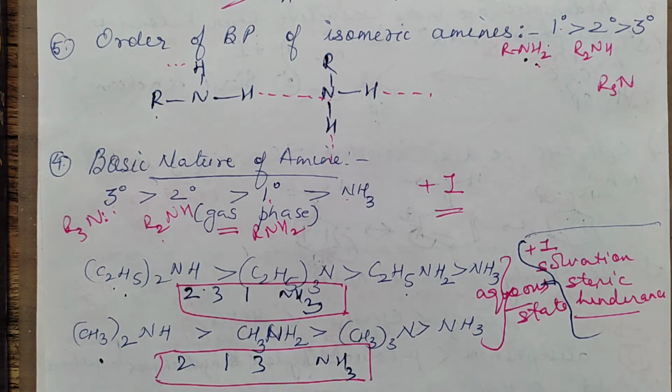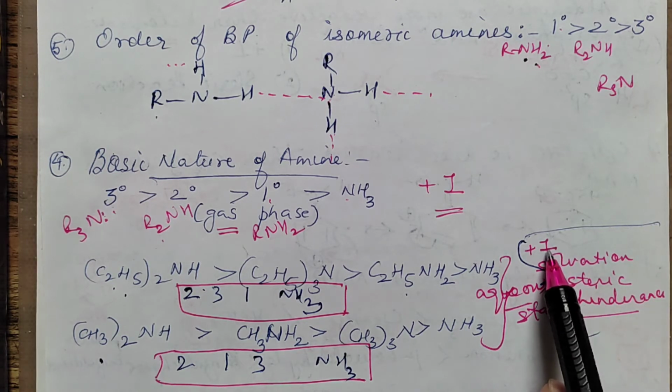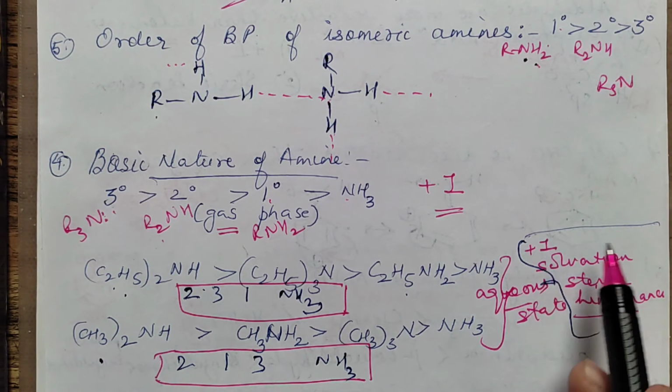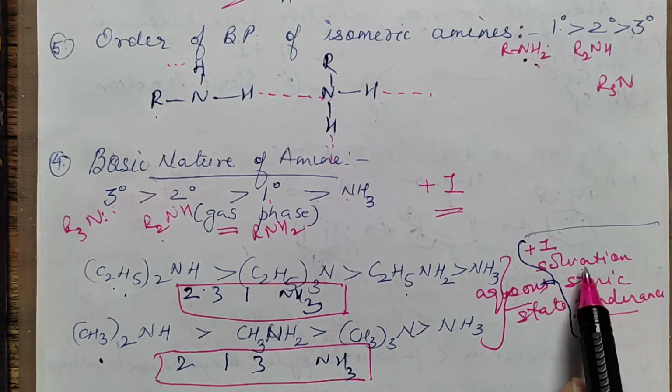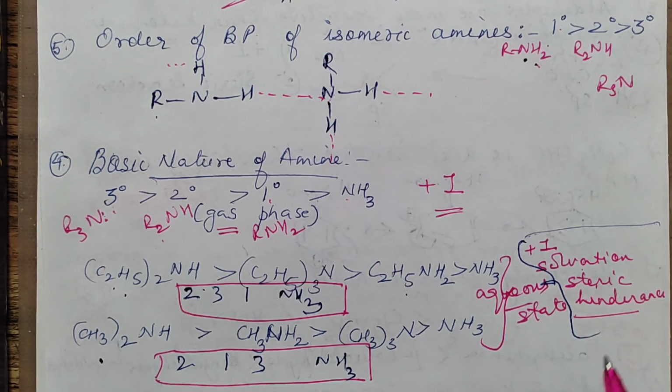Okay, so you will find that if it is inductive effect, 3 degree has the maximum inductive effect. Okay, if it is solvation, 1 degree has the maximum. If it is steric hindrance, 3 degree has the maximum. So then how do you decide? It is the combination of all the effects put together. The basic nature is decided.